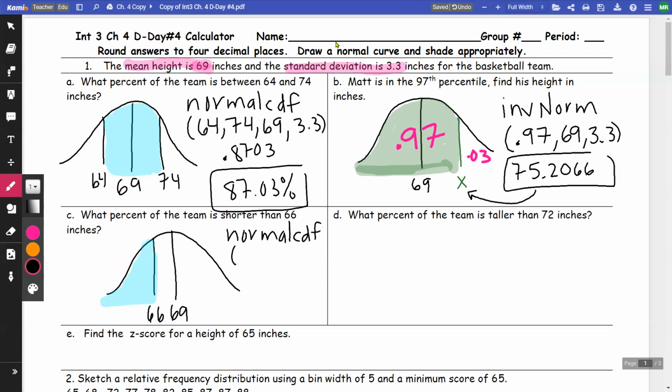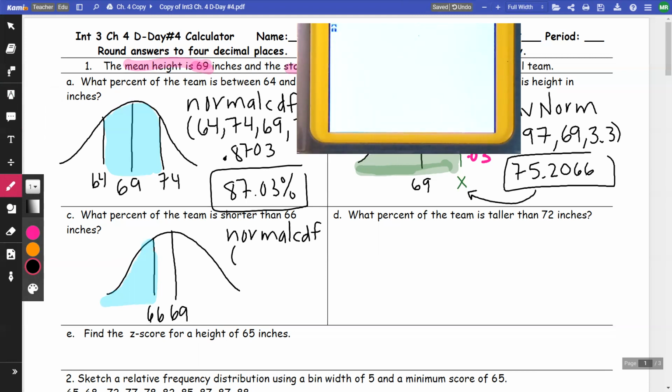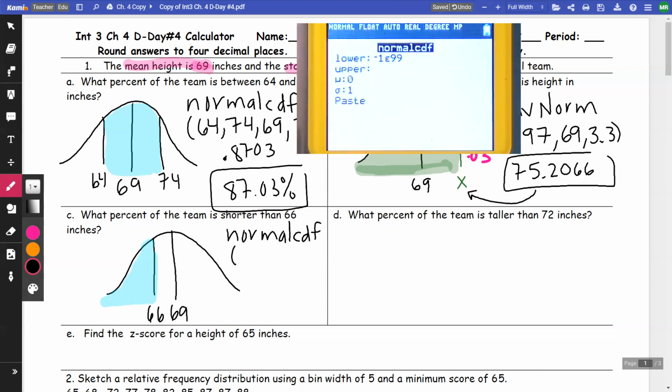And my lower bound, when I go to this, that -1E99 is scientific notation. That means times 10 to the 99. So our lower bound is negative infinity, and we write it as -10 to the 99. So I actually can leave that in there. That means the same thing on this calculator. Our upper bound is going to be 66. Our mean is going to be 69, and our standard deviation is 3.3.